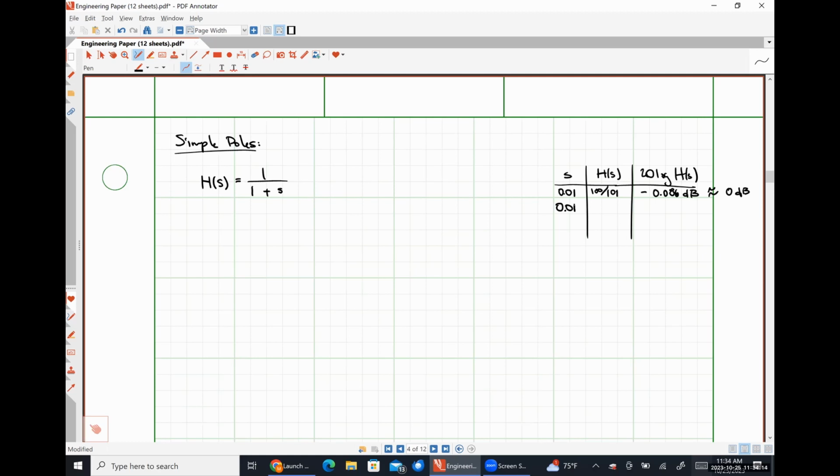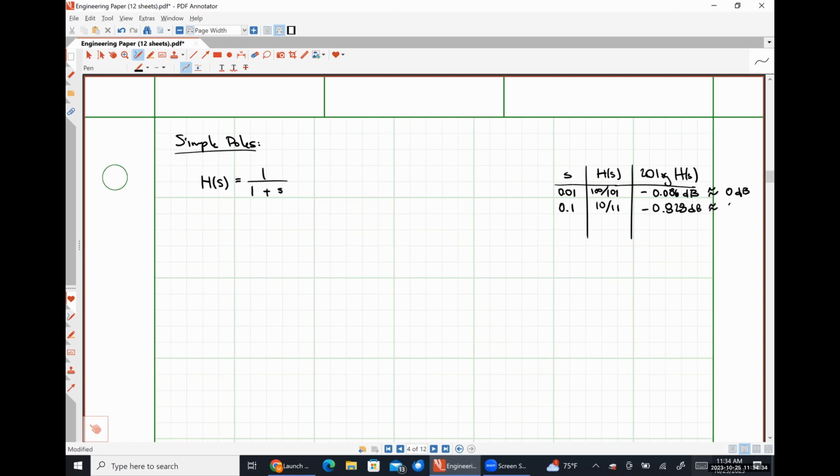For 0.1 as my value of s, I wind up getting 10 over 11, which is negative 0.828 decibels.